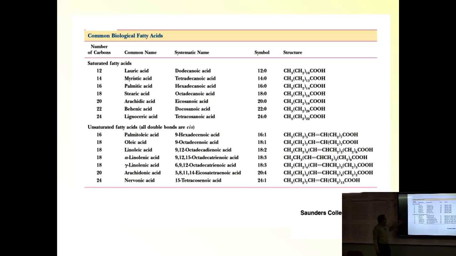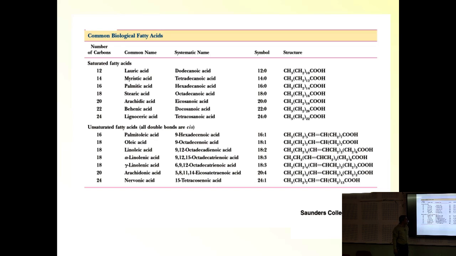Similarly, oleic acid, linoleic acid, alpha linolenic acid, gamma linolenic acid, all have 18 carbons, but remember the double bond system. Linoleic is 18, alpha linolenic is also 18, gamma linolenic is also 18, but the double bond system at 9, 12 is 18:2, that is linoleic acid.